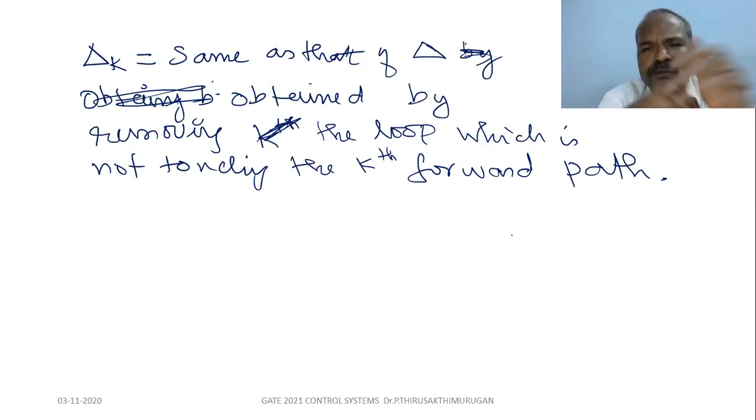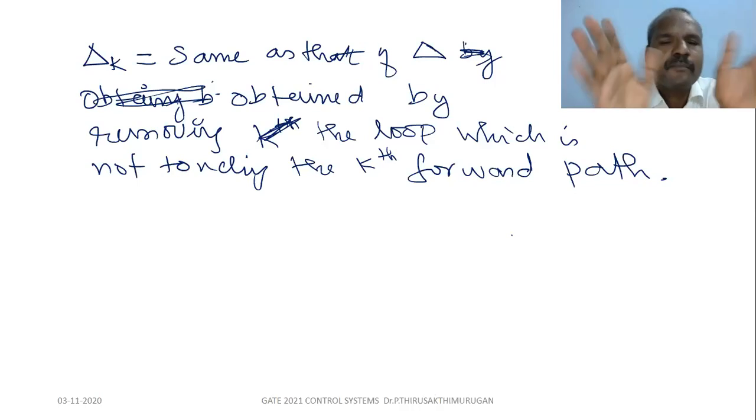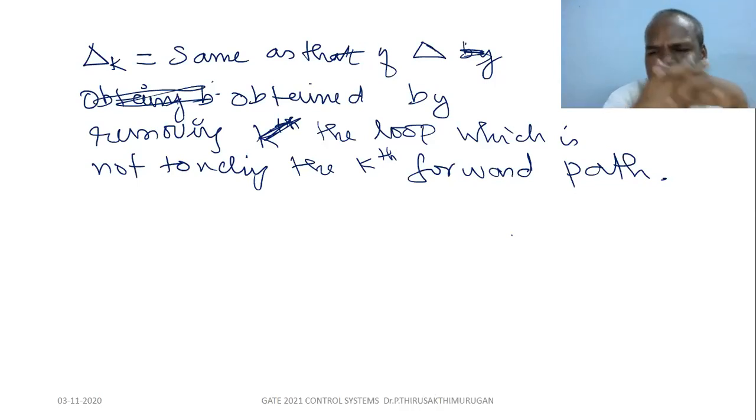An individual loop is a closed path, where the starting and ending points are the same. The loop gain is the product of all branch gains in a loop. Non-touching loops are loops which do not have any common node. These are all important points to remember while analyzing the signal flow graph.